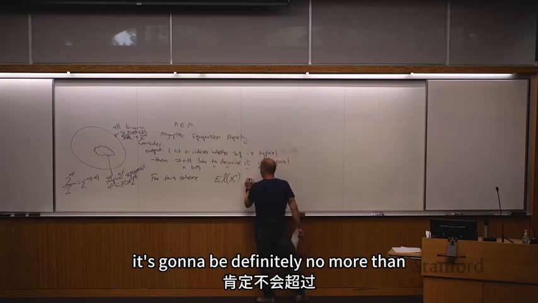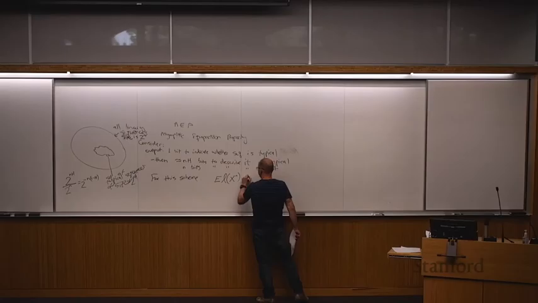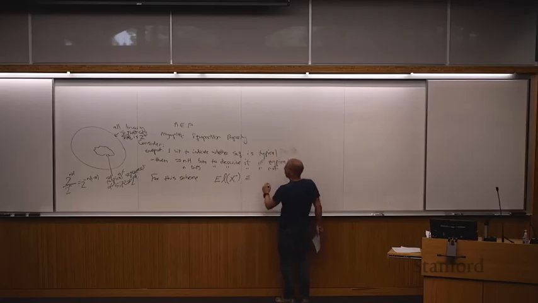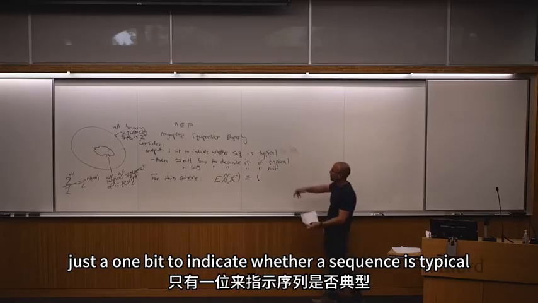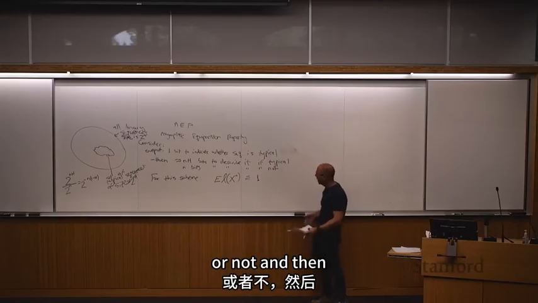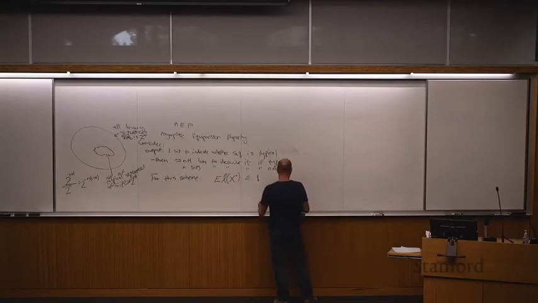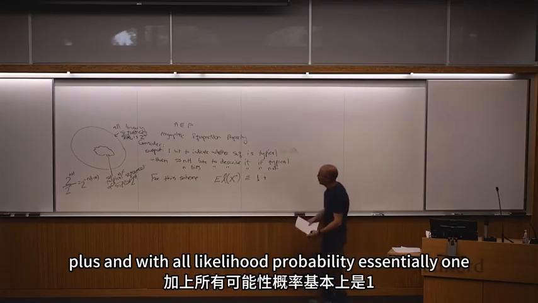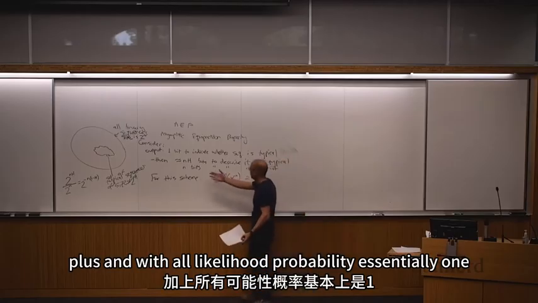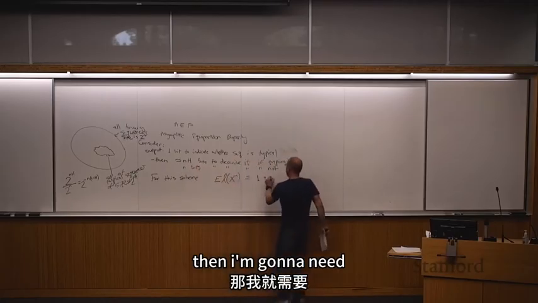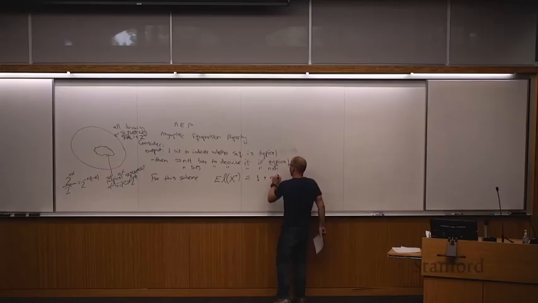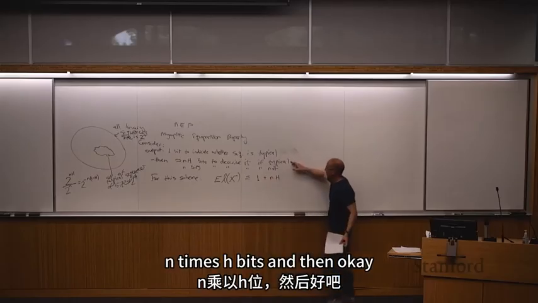It's going to be definitely no more than 1 bit to indicate whether a sequence is typical or not, plus, with probability essentially 1, n times h bits.